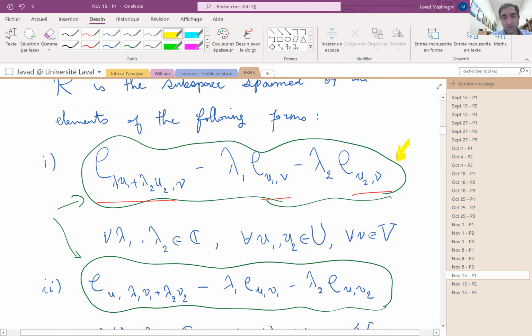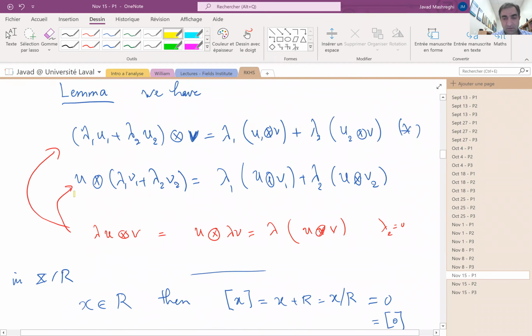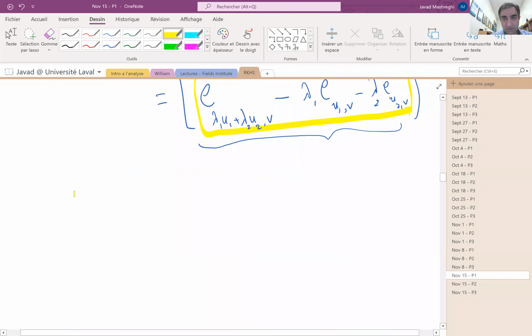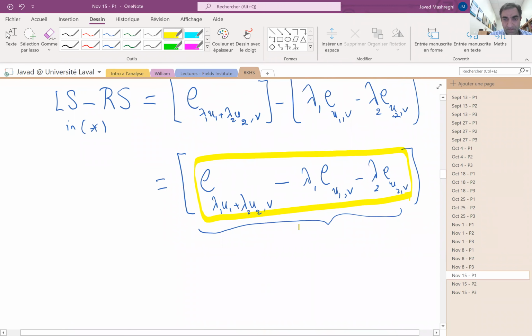This form and this form. And this is precisely the form that we see below. So this is an element of R, so this belongs to R.